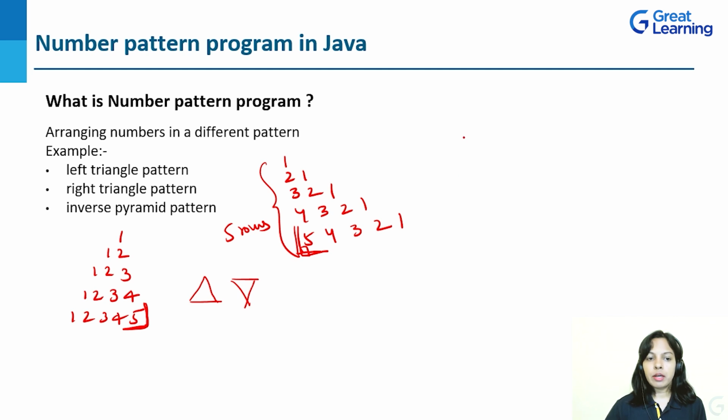So if I have to represent numbers in an inverse pyramid pattern, it will be like this: 5 4 3 2 1, then 4 3 2, then 3. This can be the pattern, or you can have any numbers representation here, but in an inverse pyramid way. So this is all about the different pattern programs using numbers.